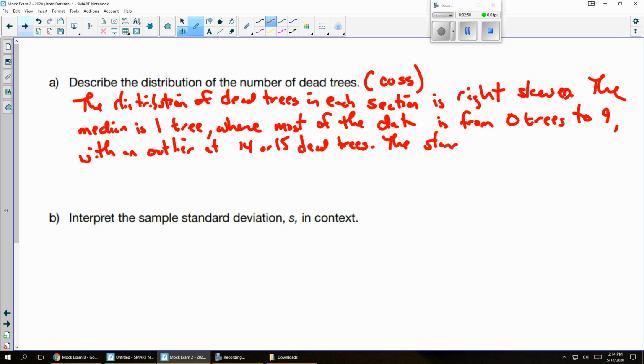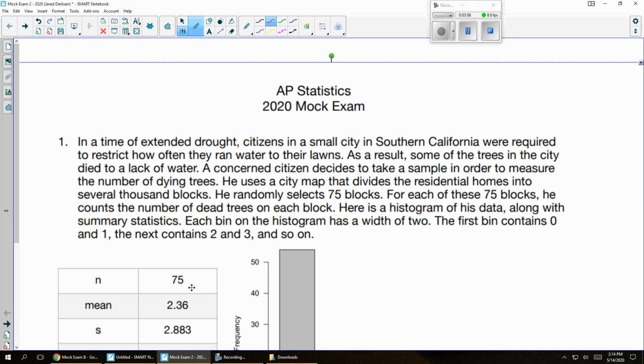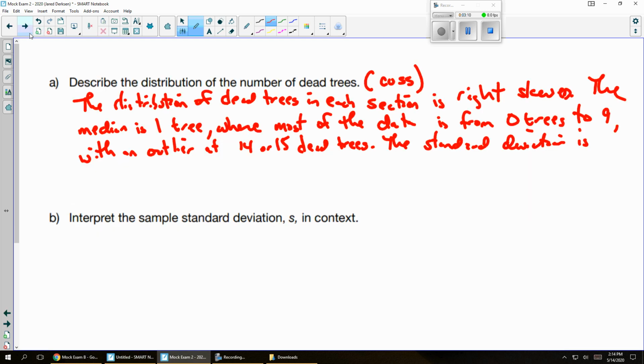The standard deviation is 2.883 trees. I'm not totally excited about using standard deviation and median in the same paragraph right there, but I think I've covered everything. The center, the unusual observations, the shape, and the spread.